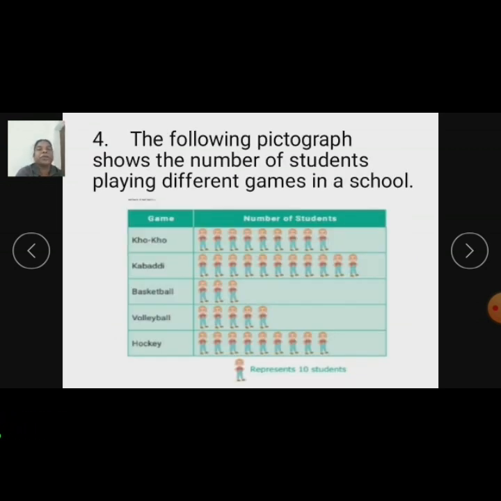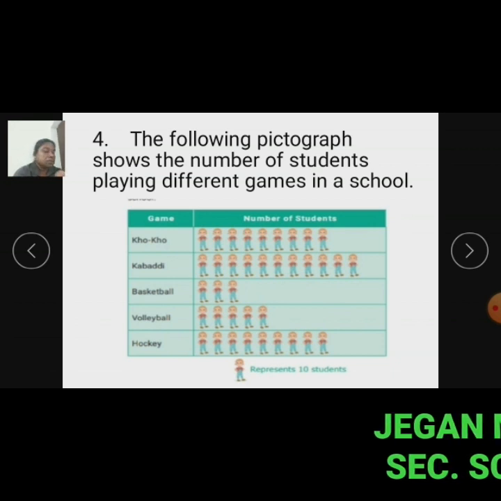Question number 4. The following pictograph shows the number of students playing different games in a school. Here a pictograph is given. One image represents 10 students.